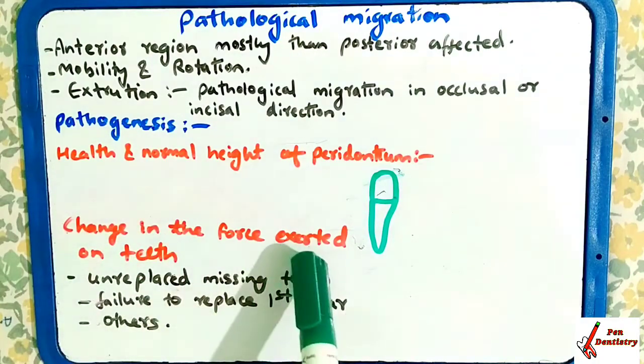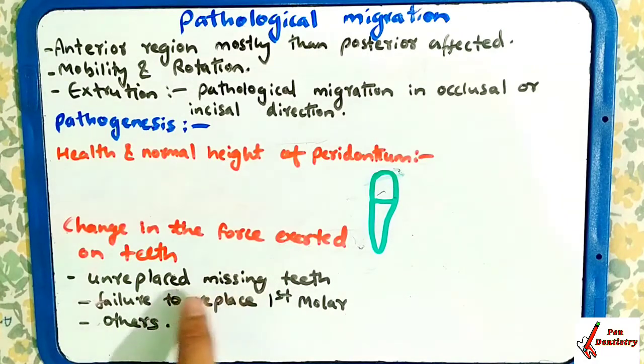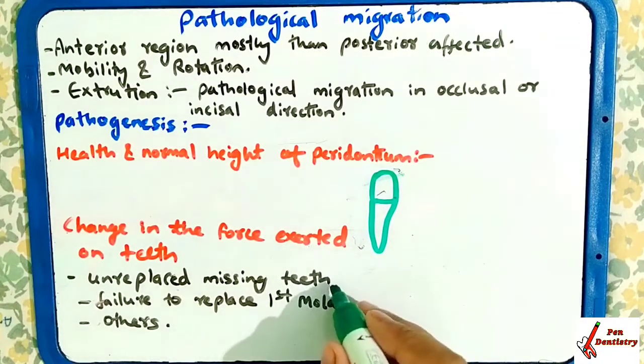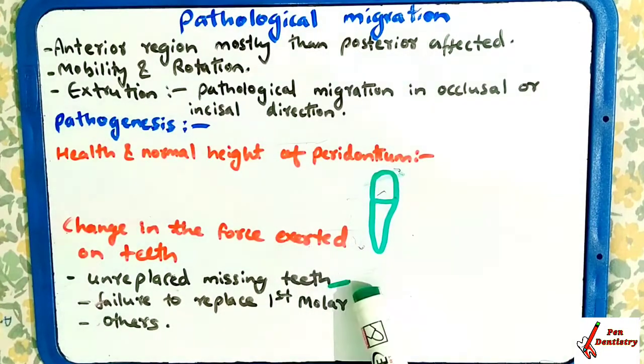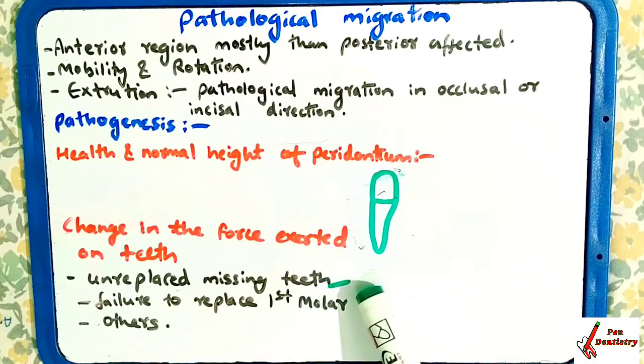Change in the force exerted on the teeth. The first one we are going to take here is unreplaceable missing teeth. Here the drifting of the teeth will be seen in the space. The drifting of the teeth does not involve periodontal disease.